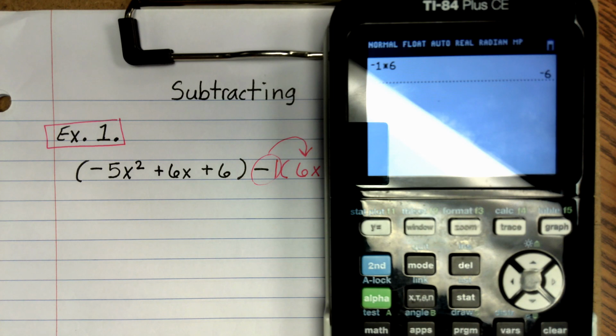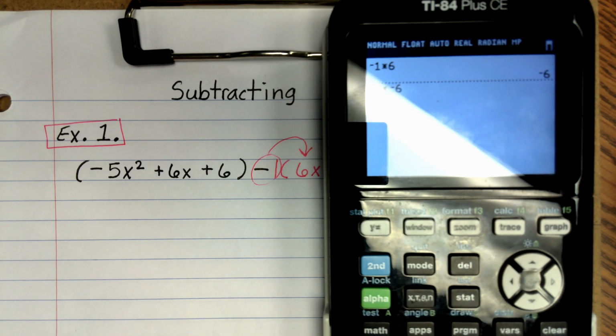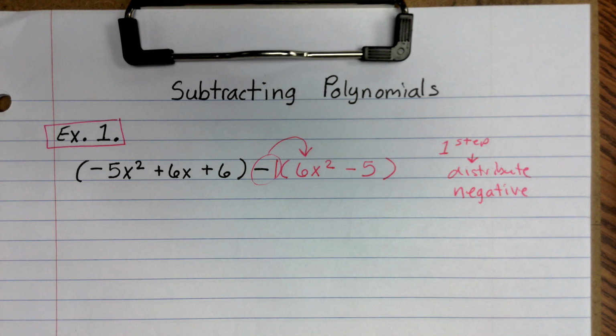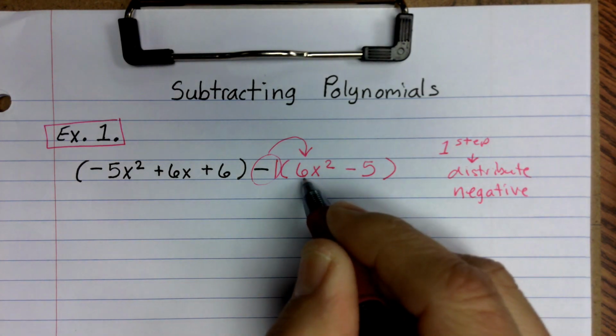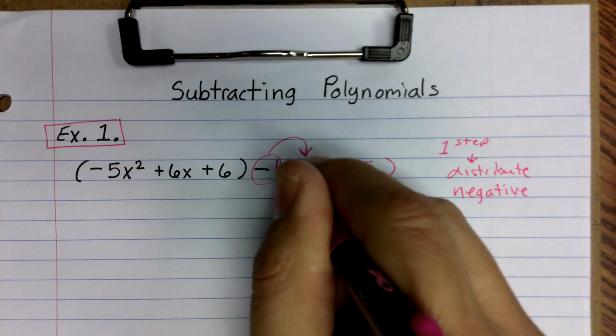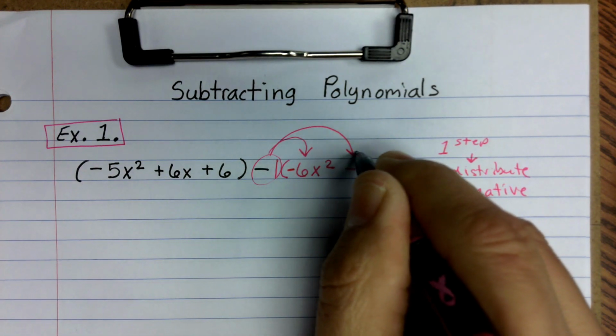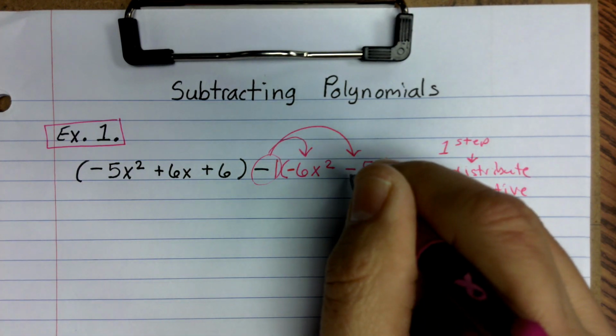We just have a sign change. No different than if it was negative 1 times negative 6, it would turn positive, because the sign just changes whenever we multiply by a negative. So this positive 6x squared becomes a negative 6x squared. And when I multiply negative 1 to negative 5, it then becomes a positive.